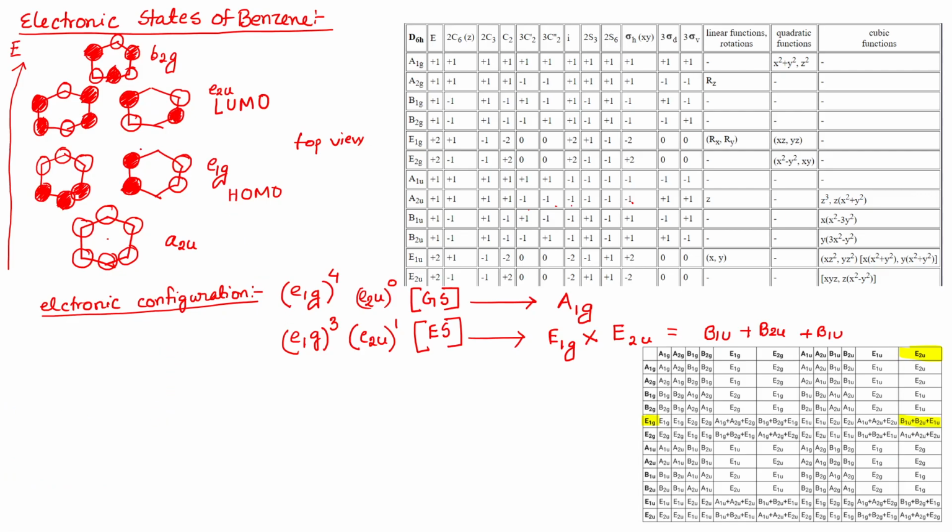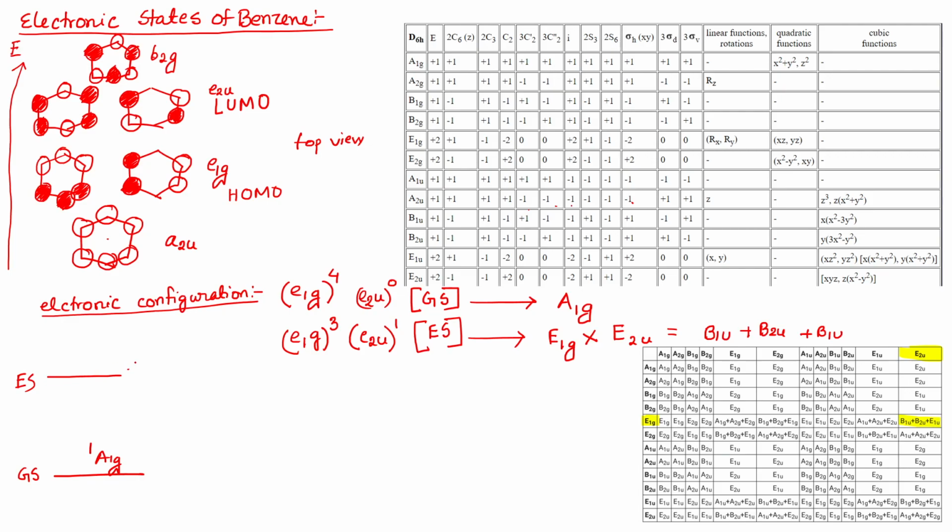Now they belong to two non-degenerate states. So your ground state is A1G. Obviously A1G is totally symmetric, the spatial part. So your spin is symmetric, anti-symmetric, so it should be singlet. And what about your excited state?